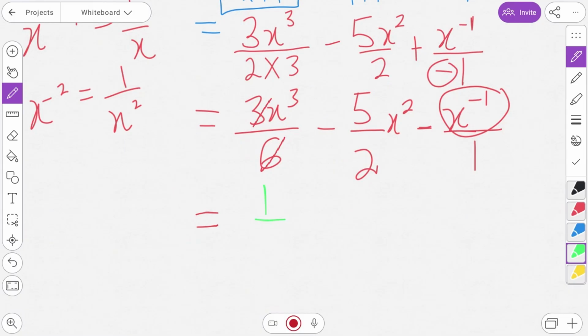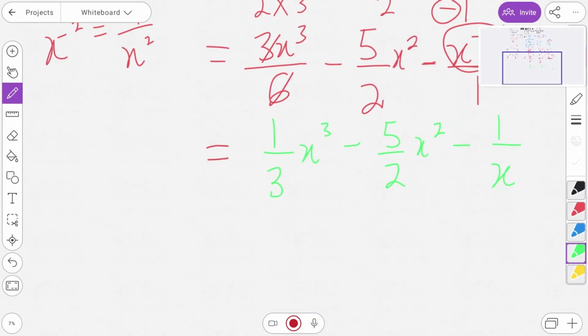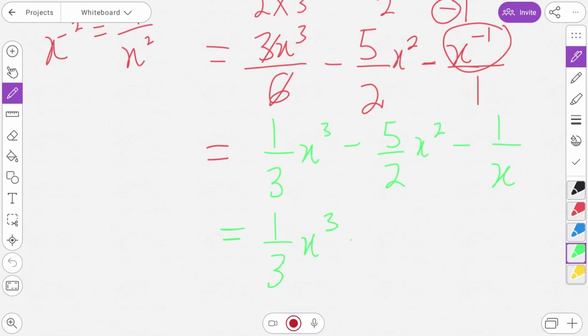Now we have 1 over 3 x cubed minus 5 over 2 x squared minus 1 over x. So that leaves us with 1 over 3 x cubed minus 5 over 2 x squared minus x. So with the constant of integration, plus c.